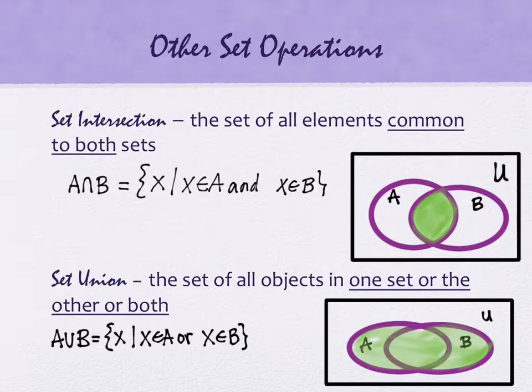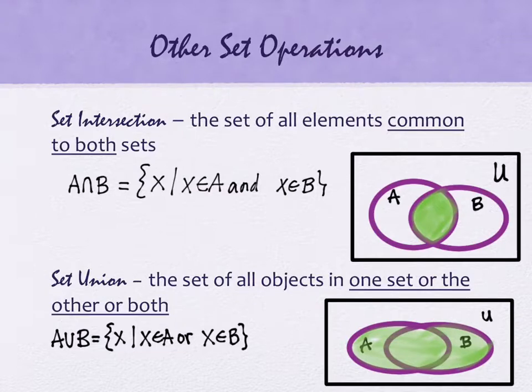You get my money and I get your money. And if you have kids, they become our kids. There's no yours, mine, and ours. That's not really how marriage is supposed to work. It's supposed to be a blending of everything that you have. So that's what we mean by union here as well. We get it all. We get the stuff that A only has, the stuff that B only has, and the stuff that they have in common.